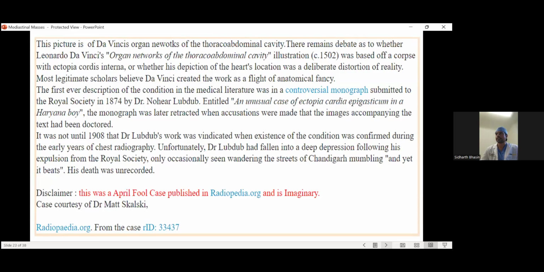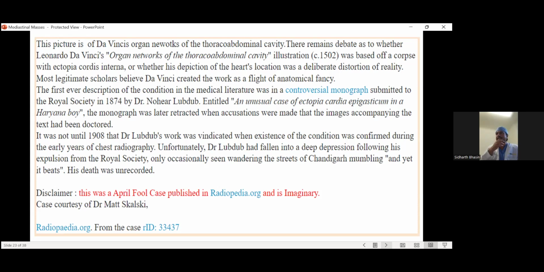This was basically an April Fool case published on radiopaedia.org, and this is an imaginary picture. They called it a controversial monograph, an unusual case of ectopia cordis epigastricum. This was back in India, but it is just fiction. It is imaginary.